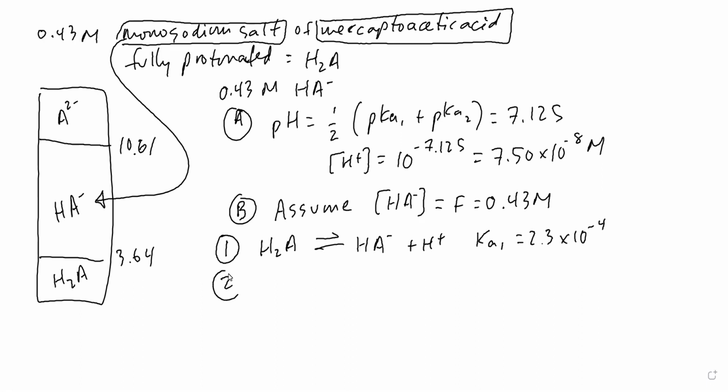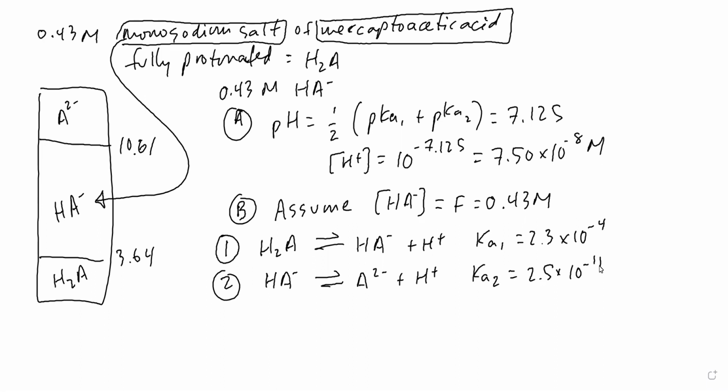And then the second dissociation controls the production of the fully deprotonated form, through Ka2. We're going to keep referring back to this page as I go on to the next page to do the actual calculation.